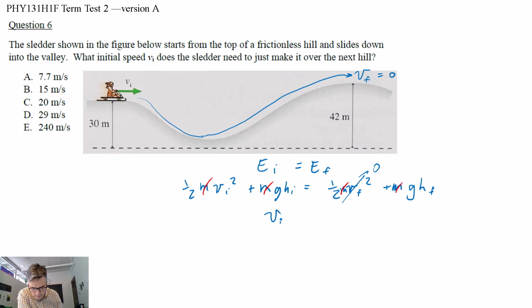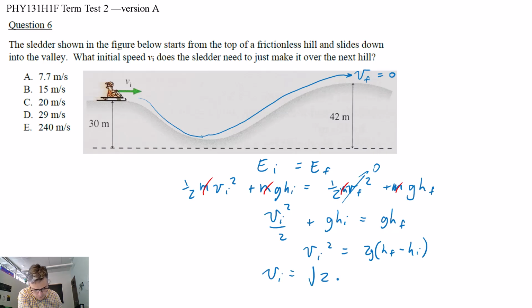So we've got v initial squared over 2 plus g times h initial equals g times h final. So v initial squared is equal to 2 times g times h final minus h initial. So v initial is equal to the square root of 2g times h final minus h initial.